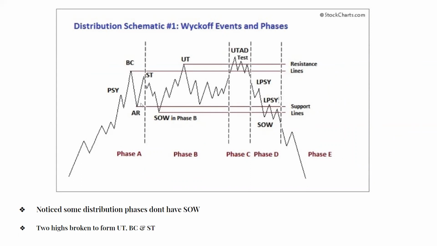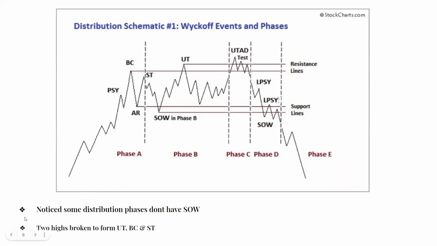So that's something you take note of. And then you see after the AR, we trade higher to the high of the BC, but it doesn't break above. And then we break below the AR level, forming the SOW, sign of weakness.